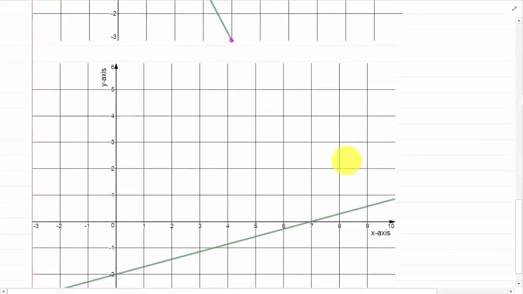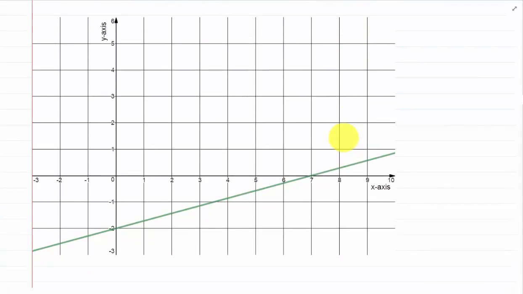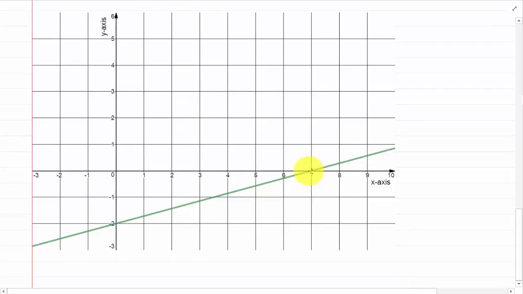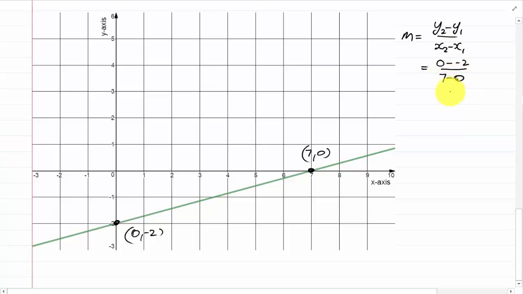And quickly through another example. Here's my second example, and again I find two coordinates. There's one and there's one, and so I have (0, negative 2) and (7, 0). From those two coordinates I can calculate m, the gradient: y2 minus y1 over x2 minus x1, which is 0 minus negative 2 over 7 minus 0, which is 2/7.